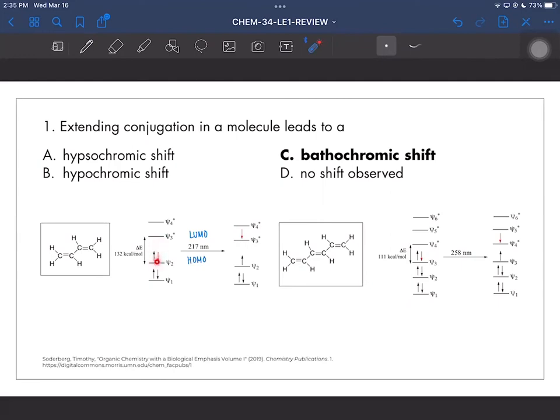We call this energy, the minimum energy to promote this electron from the ground to the excited state, the HOMO-LUMO energy gap, this delta E. So let's look at this delta E. What happens to this delta E as we extend the conjugation, in this case in 1,3-butadiene, comparing that with 1,3,5-hexatriene.